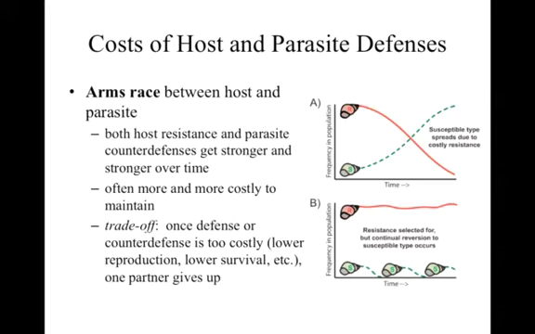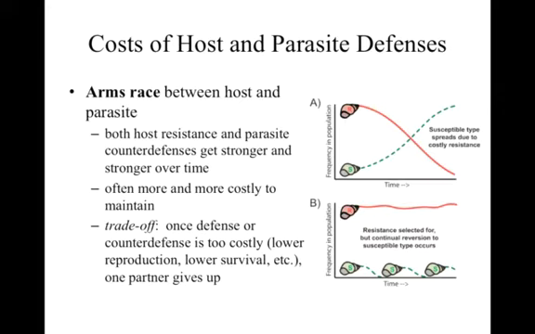Unfortunately, there is a cost to host and parasite defense. So both the host and the parasite, their counter-defenses in this coevolutionary process will get stronger and stronger over time. They might express more and more resistance proteins, and that can be costly. And so ultimately, these arms race dynamics are broken down once it becomes too costly for either the host or the parasite to continue in the game.